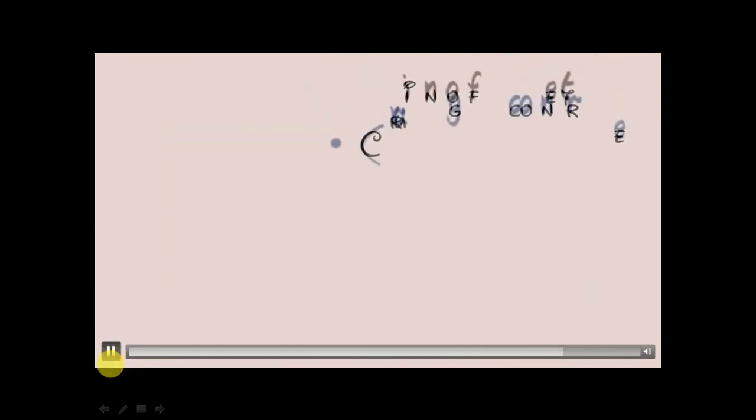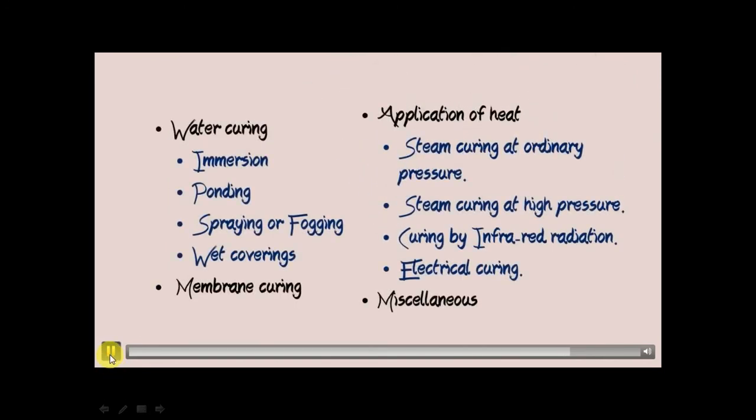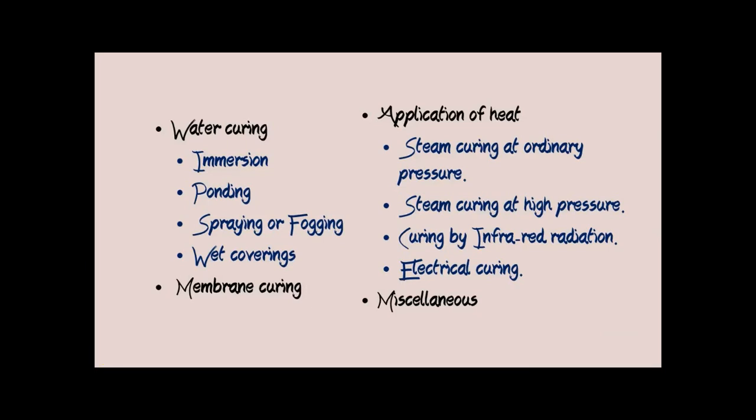There are different methods and sub-methods of curing of concrete. We will discuss them one by one in future videos. So I hope you understood the meaning of curing and why we have to do it. In general, a small definition: curing is the process of keeping the concrete surface moist and warm so that the hydration of cement can continue.